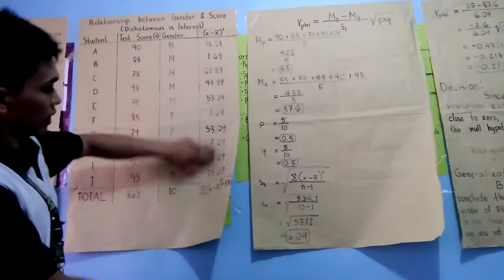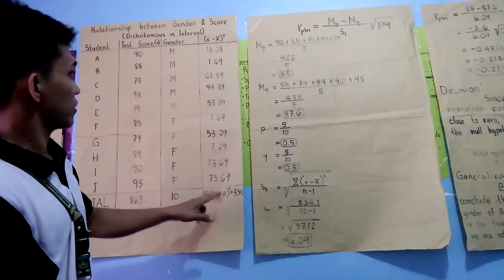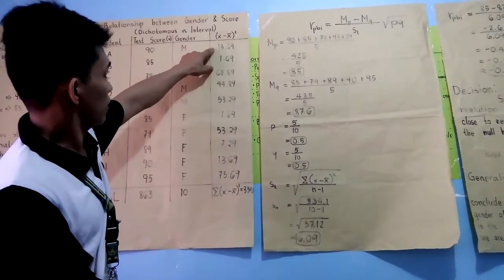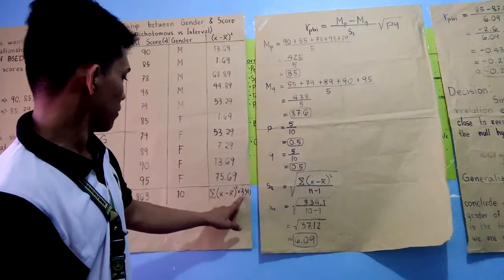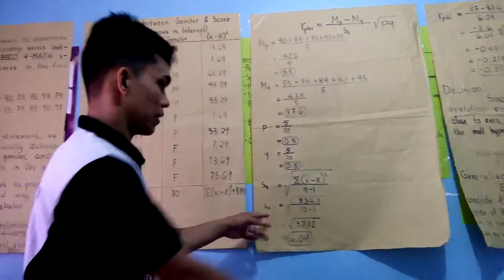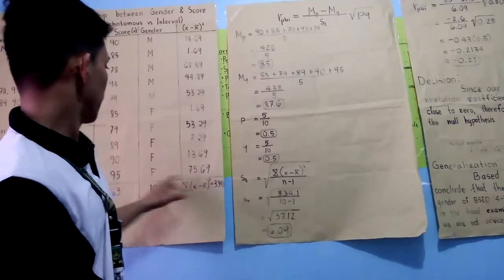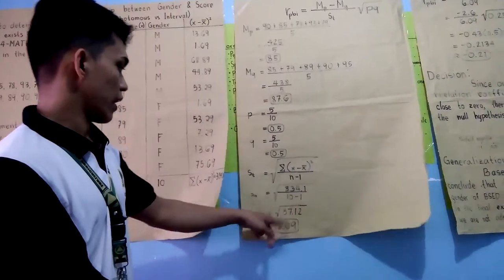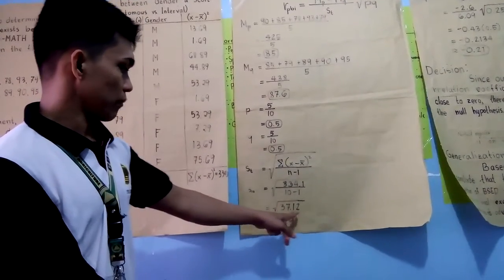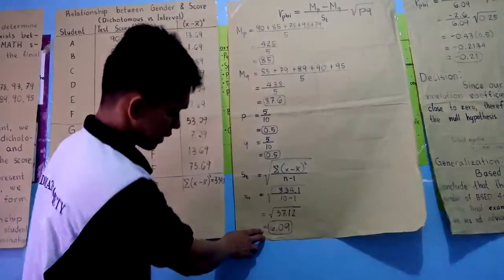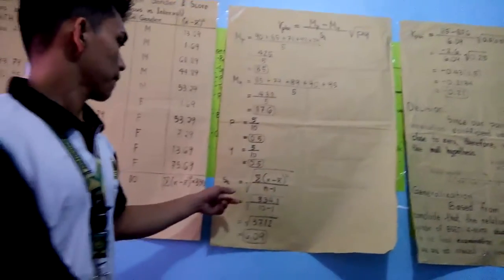For the total summation of x minus x bar squared, we get it from the last column of the table. We have here the total value of 334.1. We substitute it in the formula, and we have 10 cases. 10 minus 1 is 9. 334.1 divided by 9 is equal to 37.12. We get the square root, approximately equal to 6.09, and this is our standard deviation.